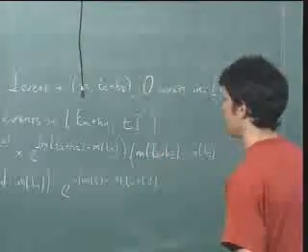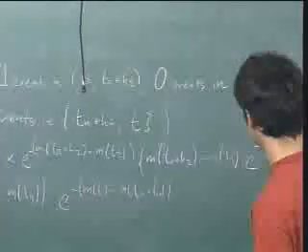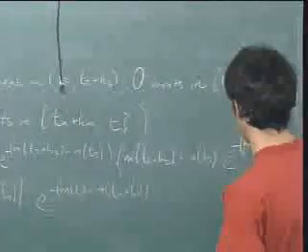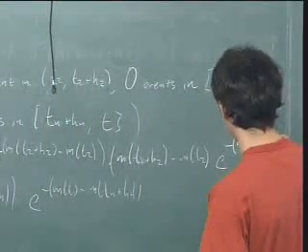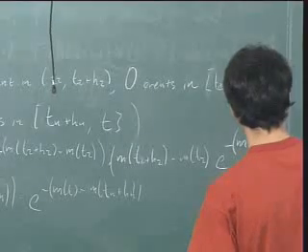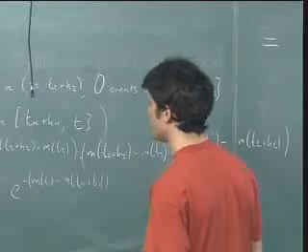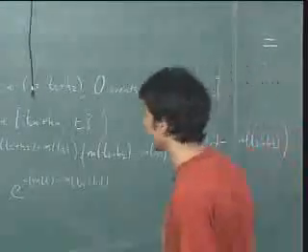But I forgot to multiply times the probability of no events. So e to the minus m of t2 minus m of t1 plus h1. Okay. So, sorry about this.